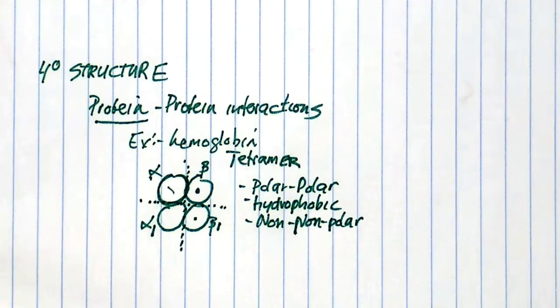Okay, so that is a quick review of all 4 levels of protein structure. Consult the PowerPoint, use your notes, use the notes that I've printed out for you for a more detailed explanation and for more thorough analysis. But for right now, this video just gives you the very surface level basics of what a primary structure is, secondary, tertiary, and quaternary structure.